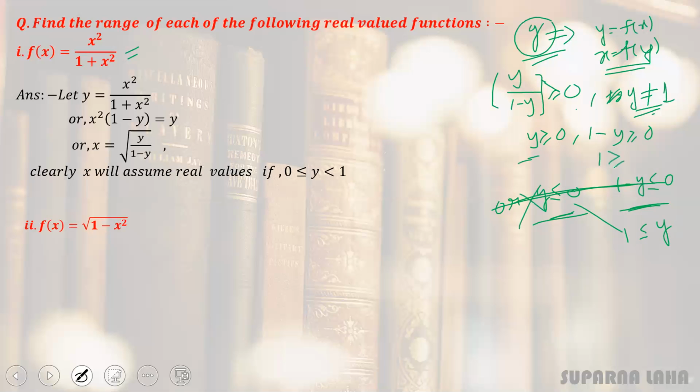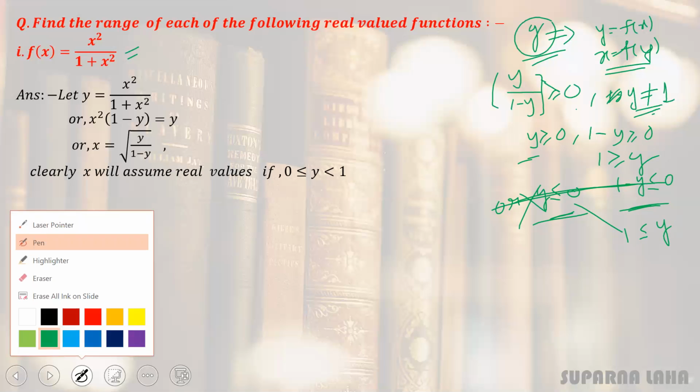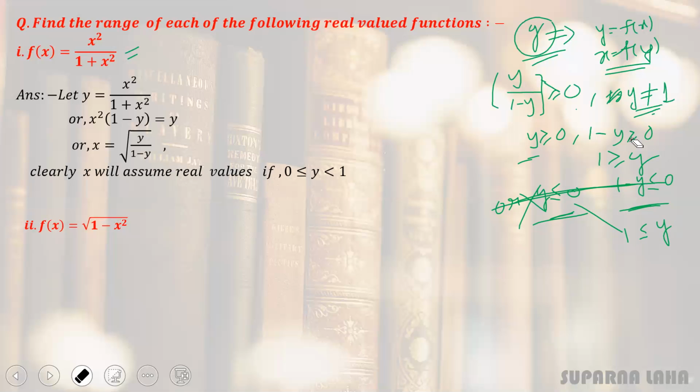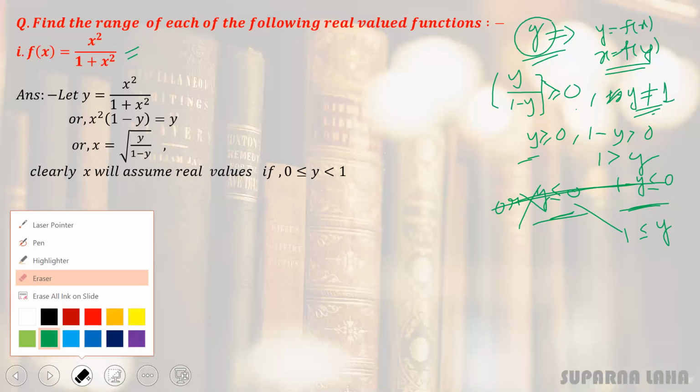What is that? y belongs to in between 0 and 1. But look at here, if y is equal to 1, that means the denominator is 0. So from here, we just need to remove this 1, that is the equal sign. Okay.